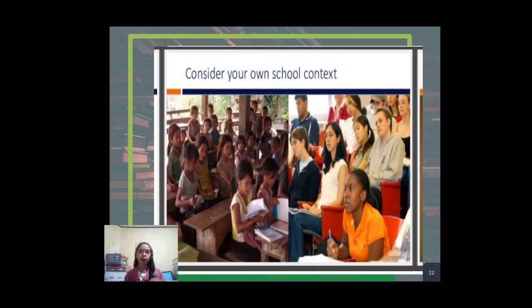Make sure also to consider your own school context. If you're teaching kids, adults, teenagers, and especially the setting or the environment. For example, you're teaching Korean, Japanese, or Filipino learners. So you have to adjust. You have to be reminded of what particular model you are going to apply in your class.